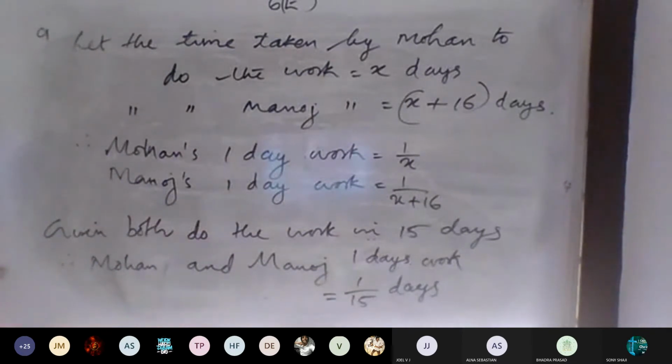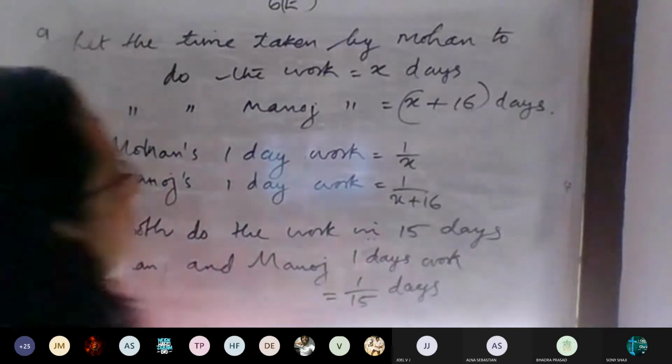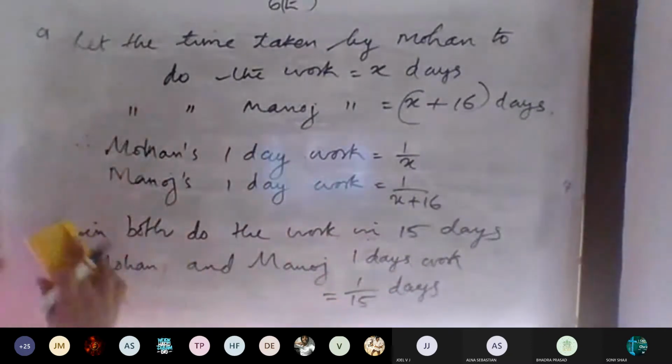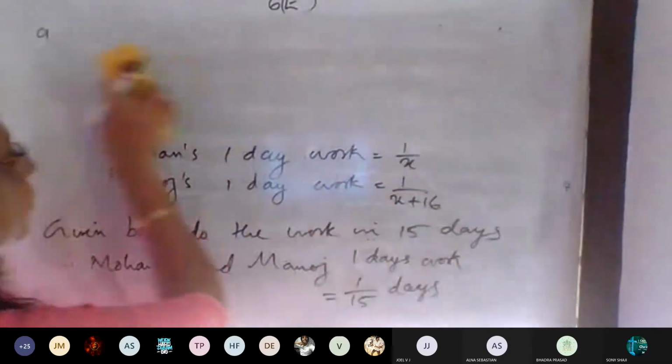Therefore, 1 by x plus 1 by x plus 16 is equal to 1 by 15.